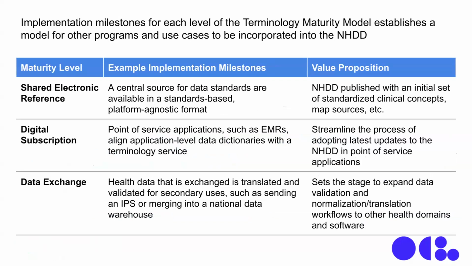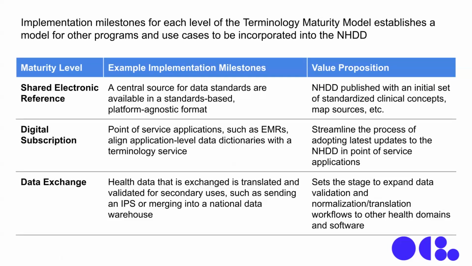So I like to think of this as you could apply this maturity model to the entire health system, but you can also think about it at a project level. And so when we're speaking with governments, we like to think about, let's identify an example milestone or implementation example for a project at each of these levels, because probably all three of them are going to exist simultaneously in your health system.